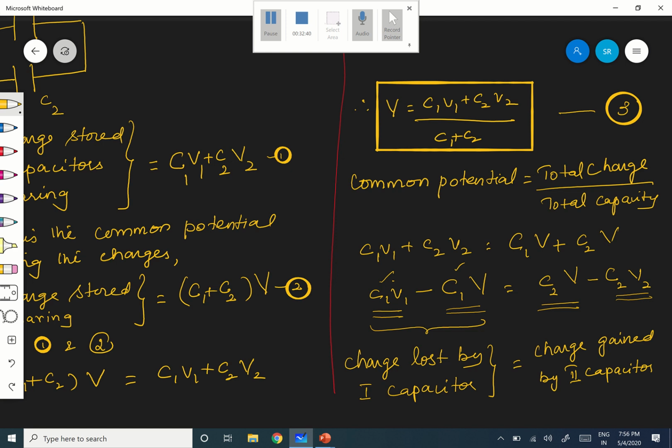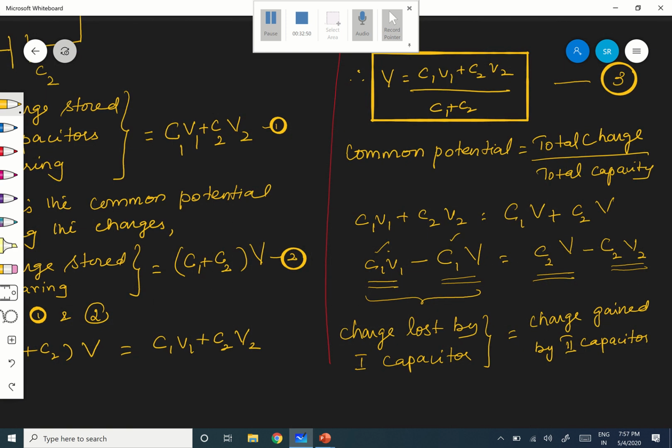Therefore, there is no loss of charge as such. One is losing, the other one will be gaining. Hope you're following. But there is no loss of charge. Very important. There is no net loss. The first capacitor is losing, the second capacitor is gaining.